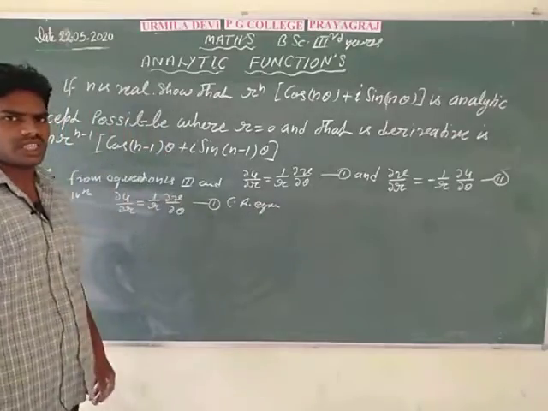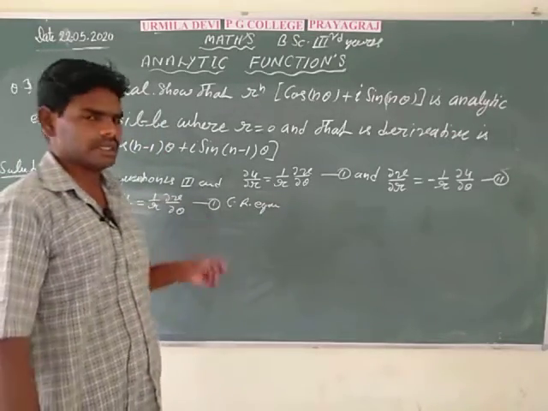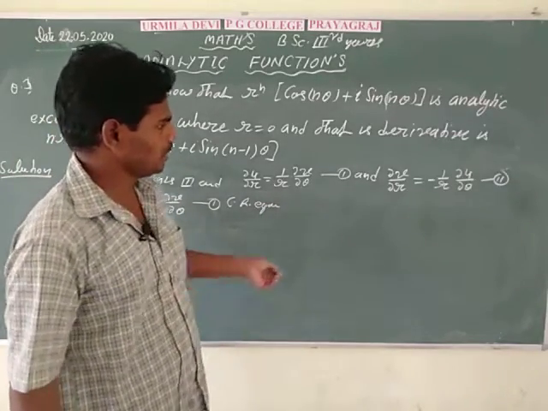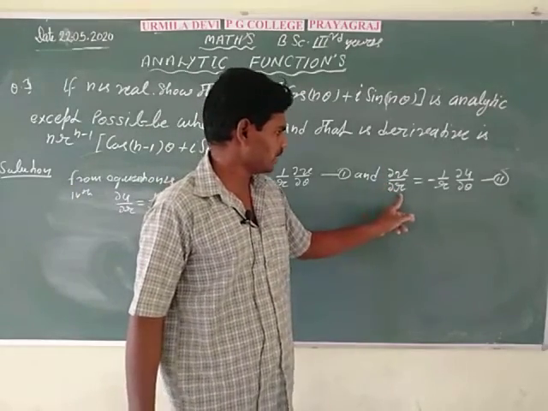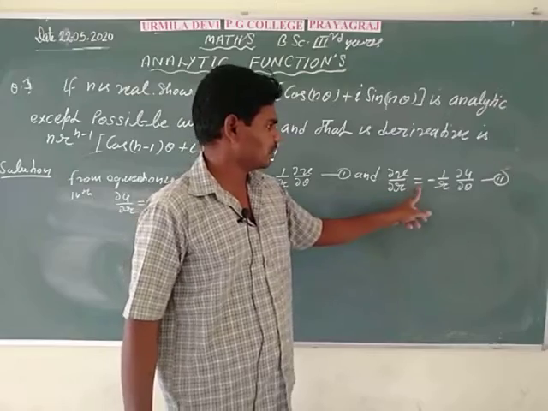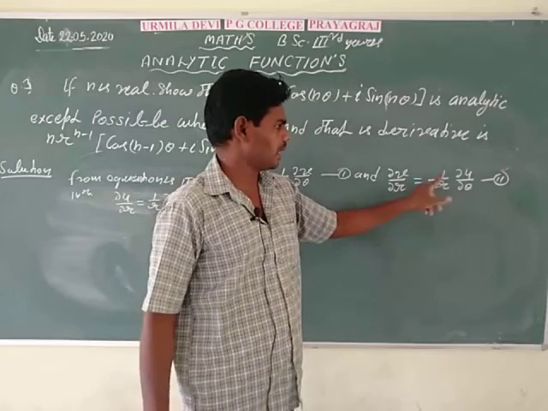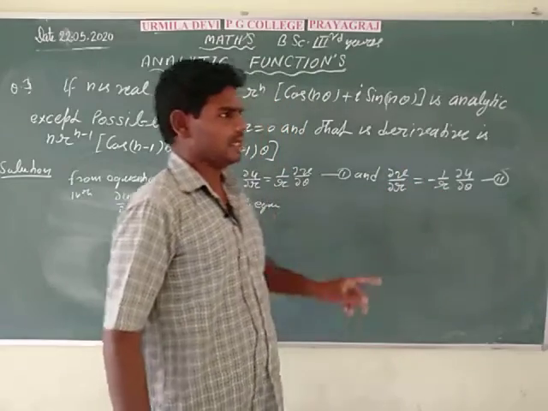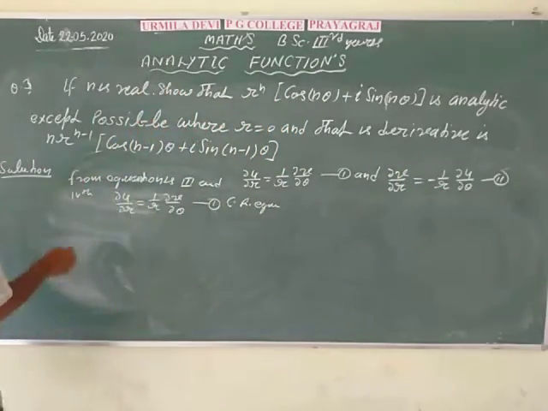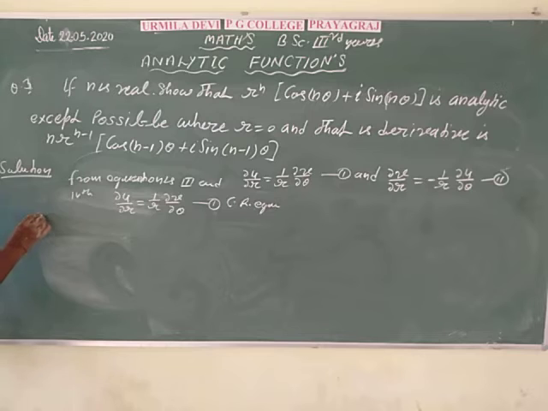So the first CR equation is proved. Now consider the next CR equation, equation second. In equation second, del v by del r is equal to minus 1 by r del u by del theta. So first calculate the left hand side, del v by del r.